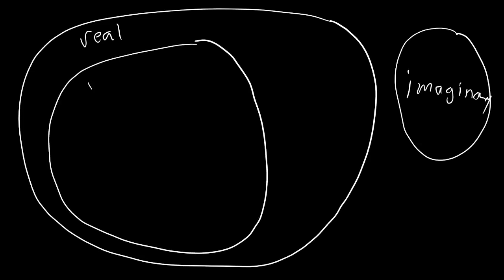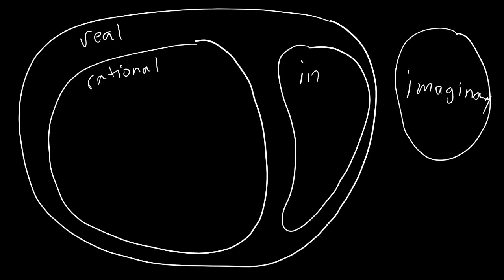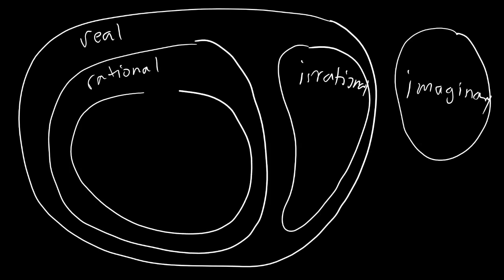One is rational, and one is irrational. We'll talk a bit more about their definitions later. Within rational, there is another called integer.